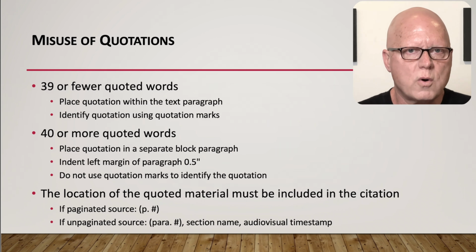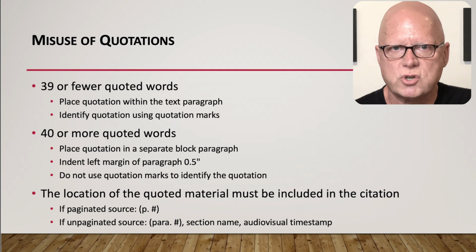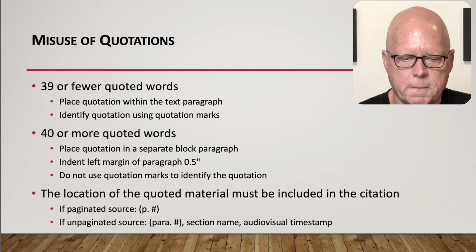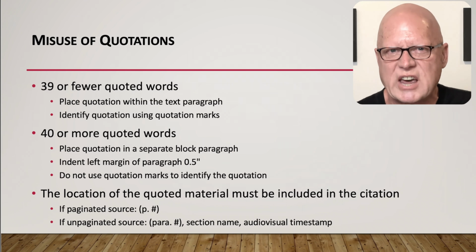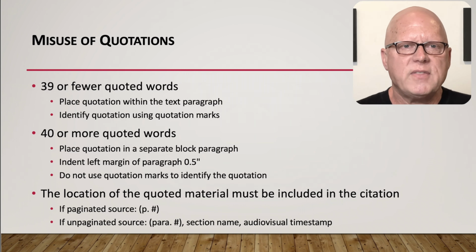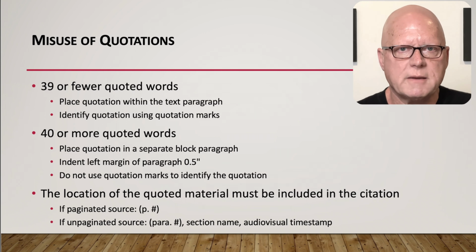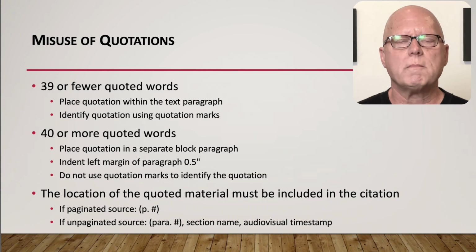If you're quoting a source that is an unpaginated source, such as a web page, then identify the paragraph number. Or you could use the name of the section from which the quotation came. And in the case of audiovisual material, identify the timestamp, usually the minute and second that the quotation begins from the recording.